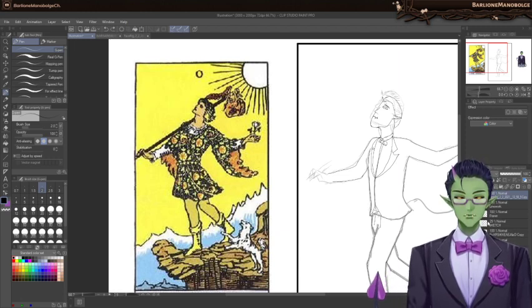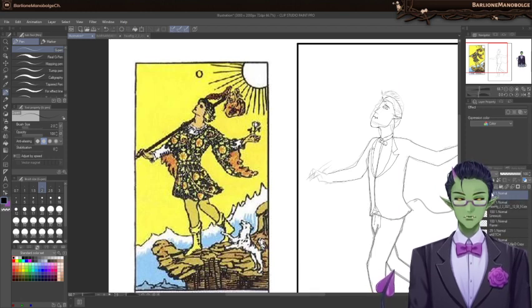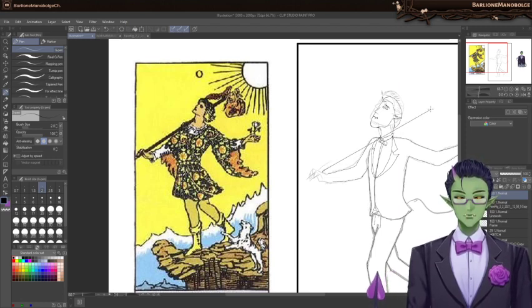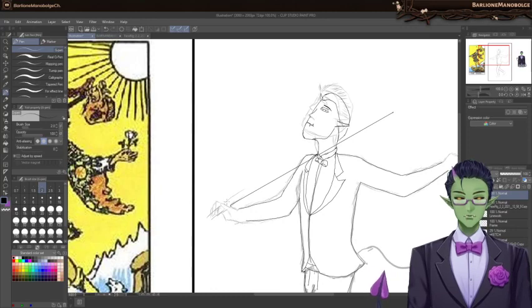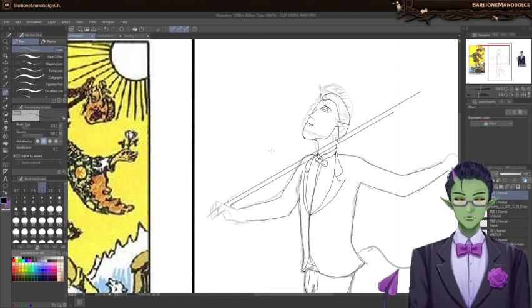I'm actually going to create a new layer just for this pole. Now I can put that back there. Second point of pole here. Right back to there.